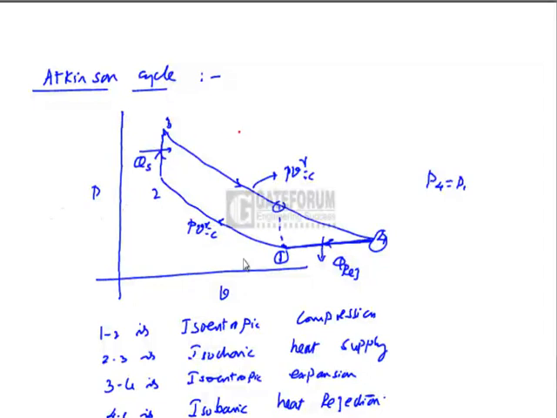The enclosed area of the cycle on the PV plane means net work done per cycle. Because the enclosed area is more in the Atkinson cycle, work done per kg shall be more. Therefore, for the same heat supplied, the thermal efficiency of the Atkinson cycle shall be more than the thermal efficiency of the Otto cycle.